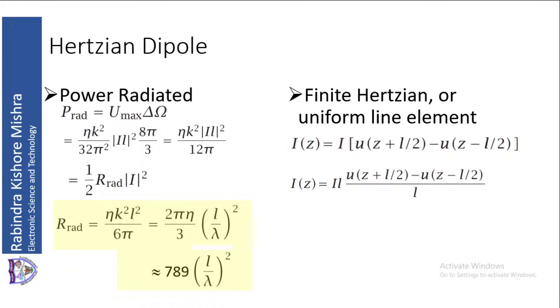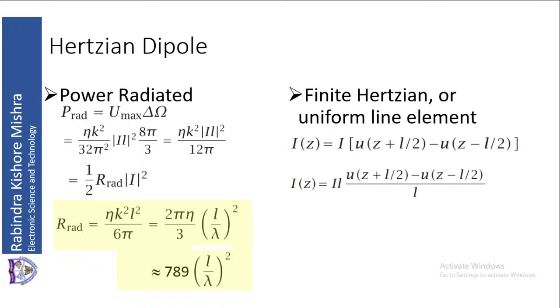So u(z) is equal to 0 if z is less than 0, and u(z) is equal to 1 if z is greater than 0. If you look at u(z plus L by 2), that will be 0 if z plus L by 2 is less than 0, or z is less than minus L by 2. In that range it is 0, and beyond that it is 1 up to infinity.